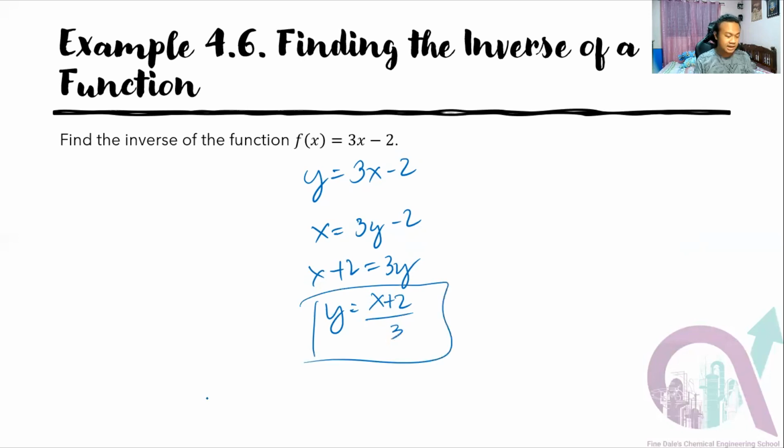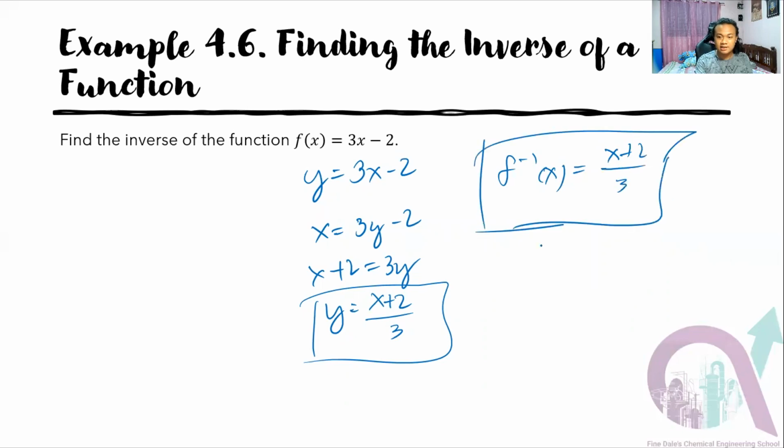That's how easy it is to find the inverse of the function. If we write it properly, that is the answer. So you have to answer f inverse of x equals x plus 2 over 3.